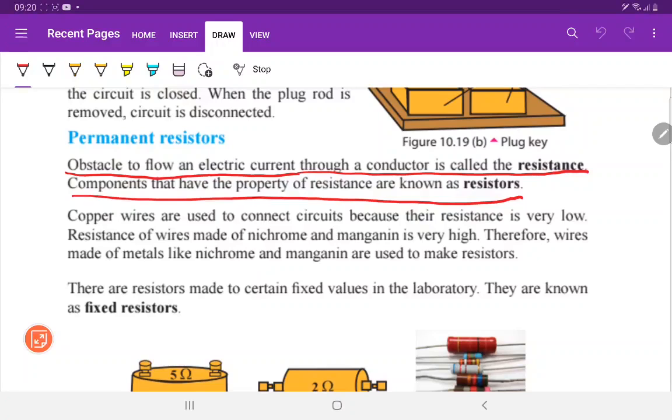The resistance of wires made of nichrome and manganese is very high. Therefore, wires made of metals like nichrome and manganese are used to make resistors.